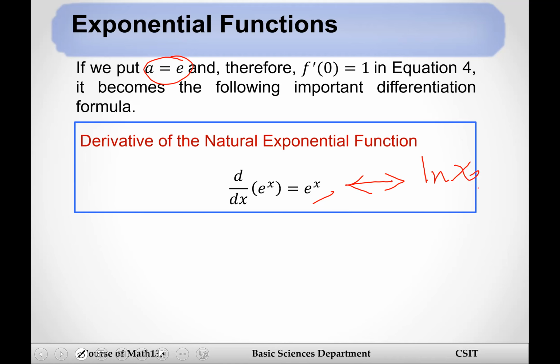We will see it later. These two functions are widely used in analysis of functions, but it's better to recall the other exponential functions like base 2 or 3 or whatever.